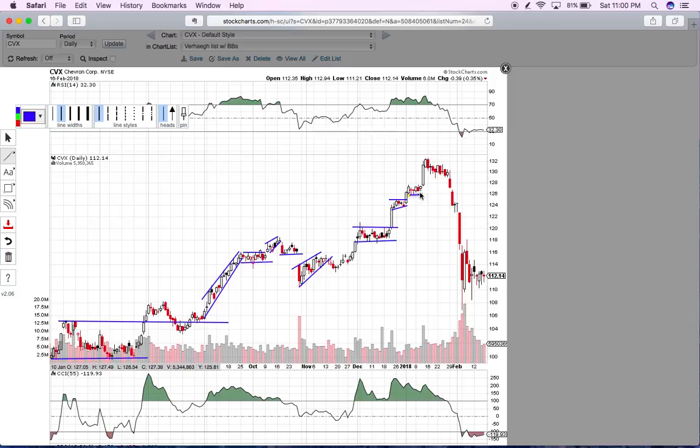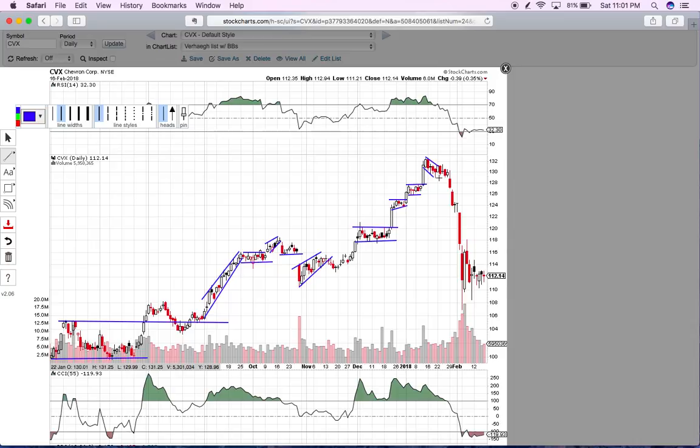Support here for a few days, resistance here for a few days, breaks through to a new high, and then this is a bearish flag. Remember, bearish is when it goes down, so this is a bearish flag pattern. There's the pole, the flag's going down instead of the flag going across or slightly up.